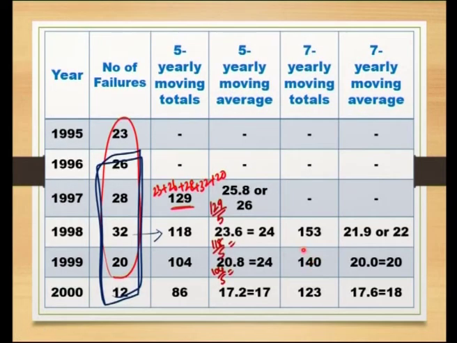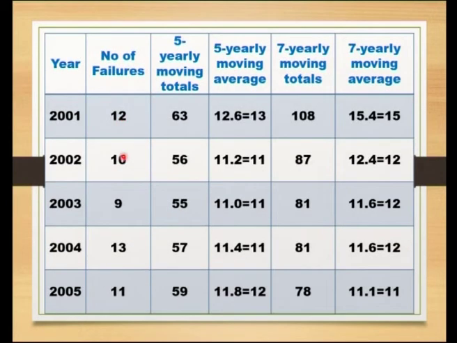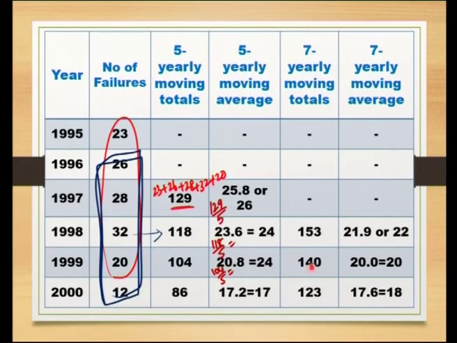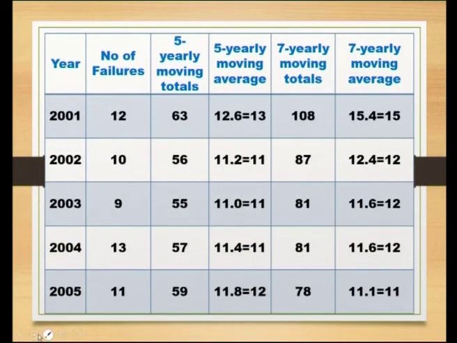That is 26 plus 28 plus 32 plus 20 plus 12 plus 12 plus 10, and it is written in the middle of the 7 values. The middle of the next 7 values is 20, corresponding to the year 1999, and its moving average is 140 divided by 7, which is 20. Like that the 5-yearly moving totals and averages, and the 7-yearly moving totals and averages, are calculated. We can check with these values.